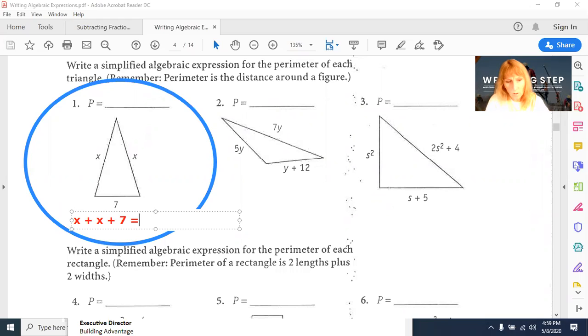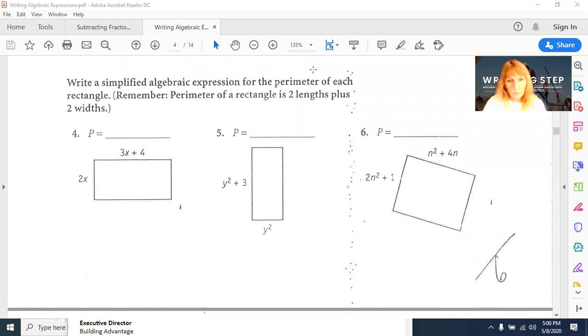So the perimeter altogether then equals, we're going to combine like terms. So we have 2 x's, right? So 2x plus 7. So that's what we want to write there, 2x plus 7. So simplifying, 2x plus 7 is the perimeter of that triangle. Let's do number 6, getting a little more complicated.